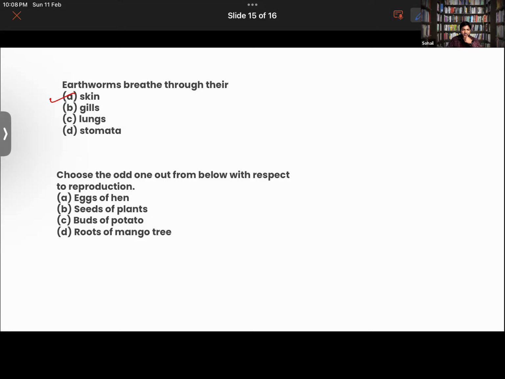Next one. With respect to reproduction, which one is odd here?